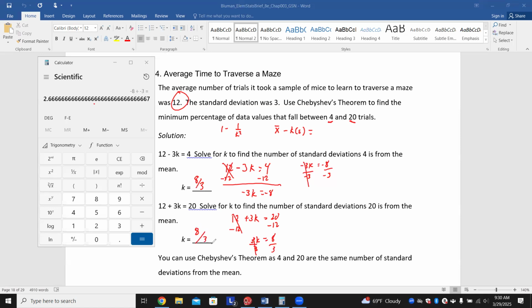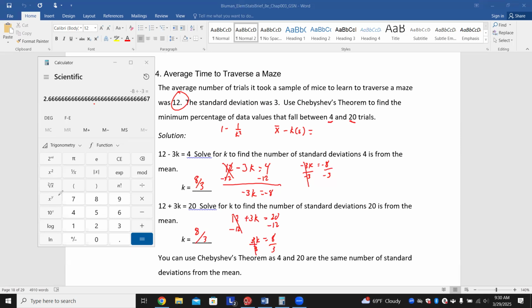So between 4 and 20 trials is plus or minus about 2.7 standard deviations from the mean. Since 4 and 20 are the same number of standard deviations from the mean, now that we know what k is, we can use Chebyshev's theorem.